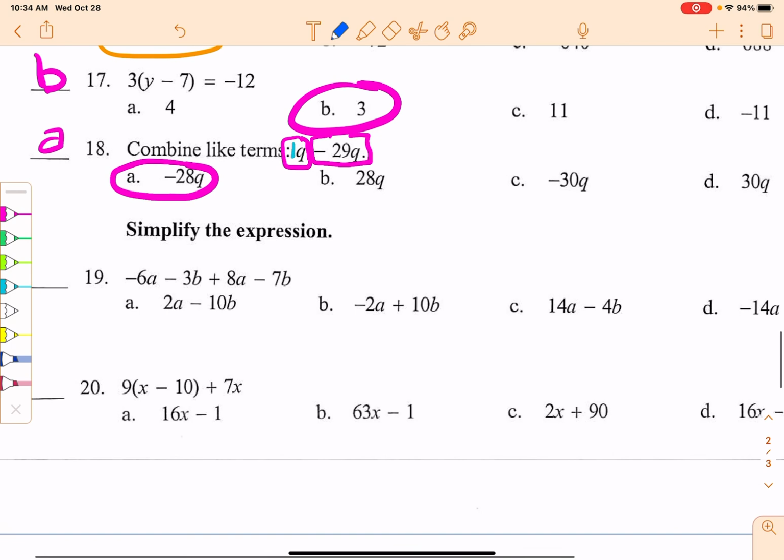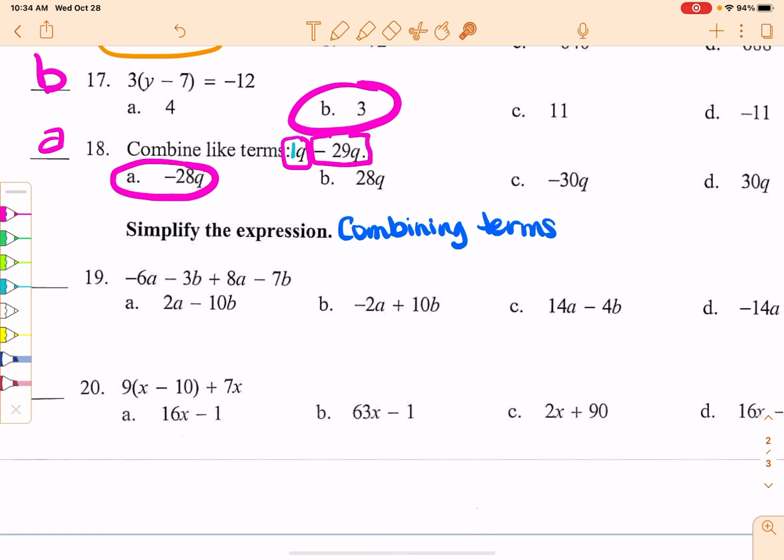Now, the last two say simplify the expression. That basically means that you're going to just be combining like terms and doing whatever you need to do to get those in the simplest form that we can. Okay, so if I look at the example I have here on 19, negative 6a minus 3b plus 8a minus 7b.